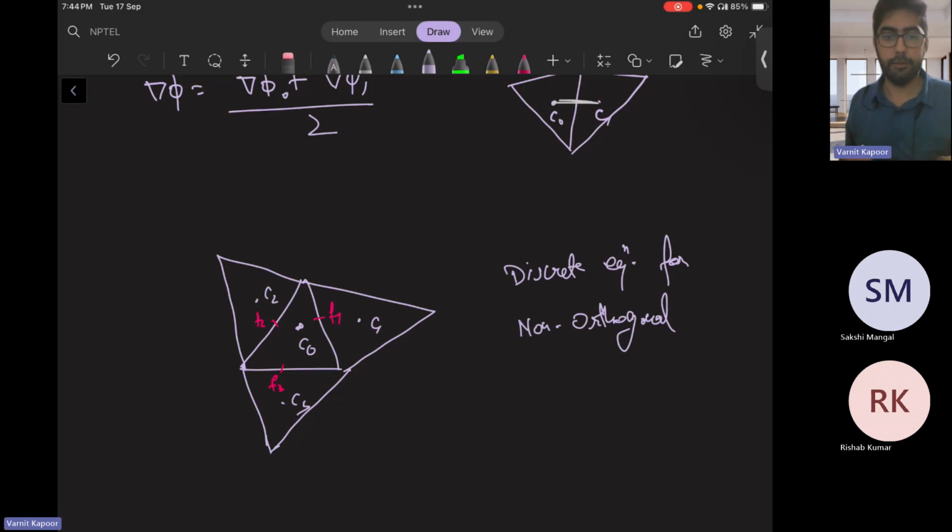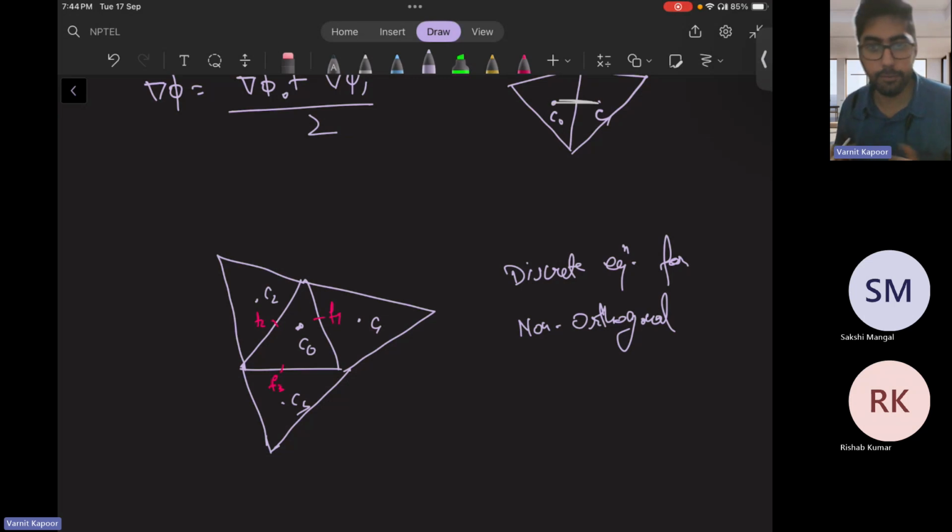Until now we have been talking about one face F, but actually you would have several faces connecting C0 to several cells. Suppose C0 is surrounded by 3 different cells, so there are 3 different faces F1, F2, F3. You have to do the summation over all the faces.